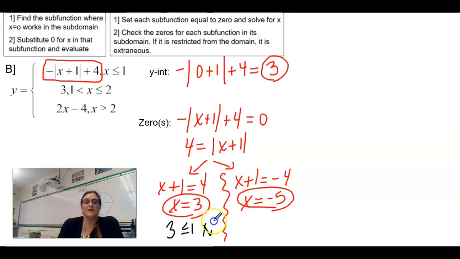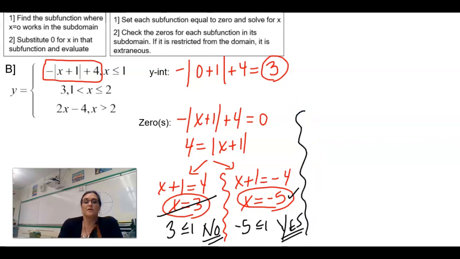And the answer to that is no. So we would cross off x equals 3, and that cannot be one of the zeros because it's outside of the subdomain. And then we test x equals negative 5. So is negative 5 less than or equal to 1? And that answer is a resounding yes. And so we keep x equals negative 5 as one of our zeros.